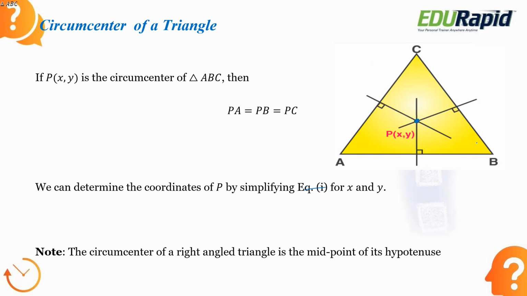And in case this given triangle is a right angled triangle, then the circumcenter would be the midpoint of the hypotenuse. If you consider BC to be the hypotenuse, then the circumcenter will be the midpoint of this particular hypotenuse. So you have to remember this condition for circumcenter. That is very important. PA is equal to PB is equal to PC, where P is the point where the three lines intersect.